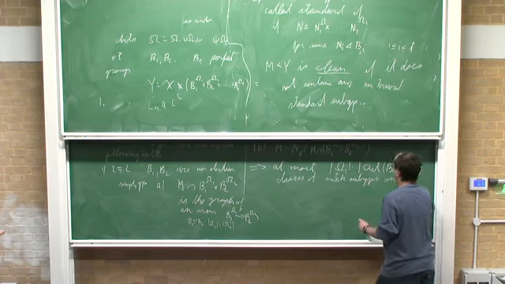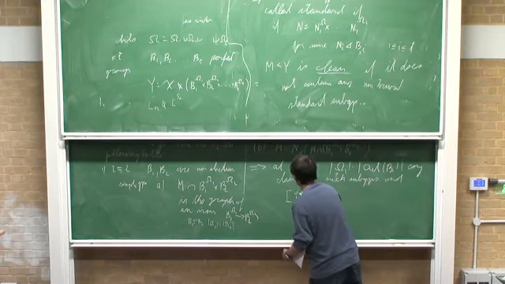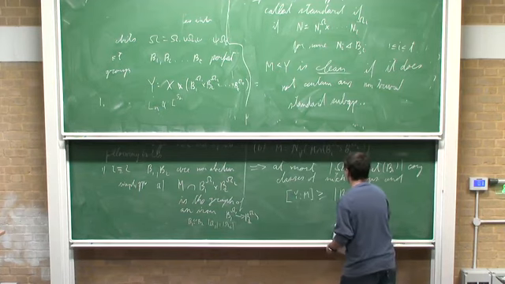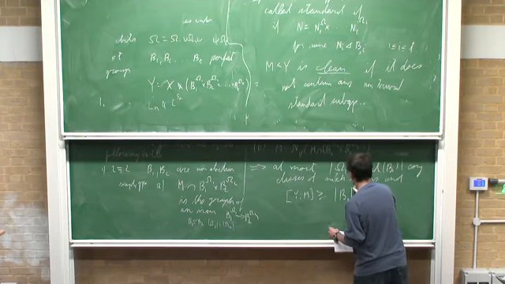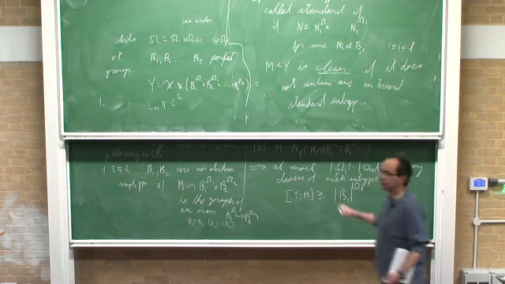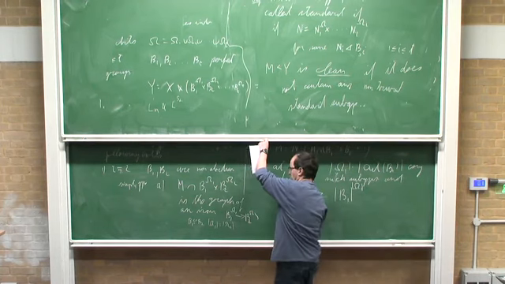And the index of M in Y is at least the size of B1 to the omega 1. Okay, so that's one case, the simplest of all the four cases.